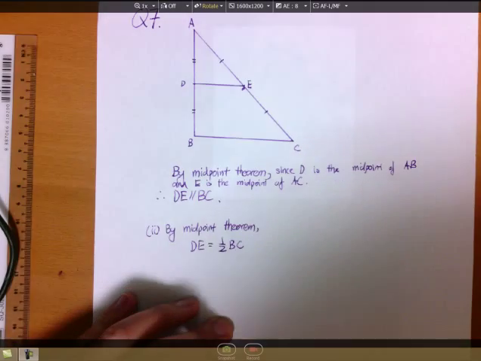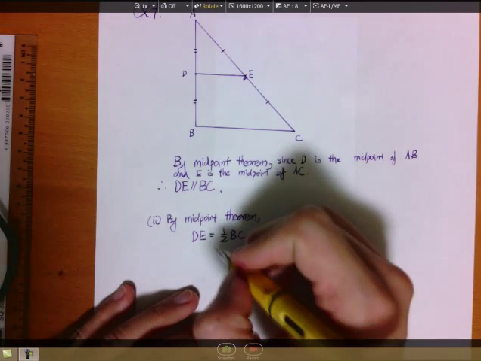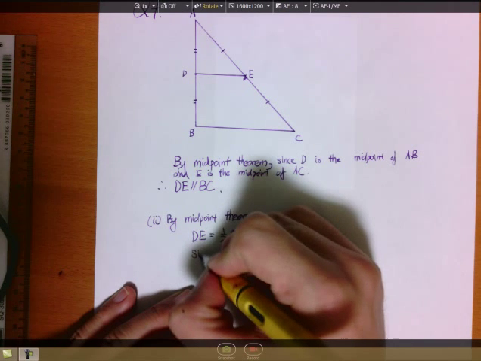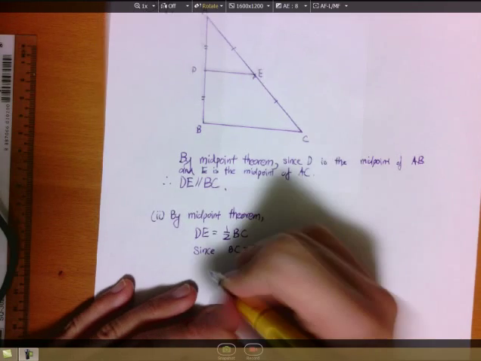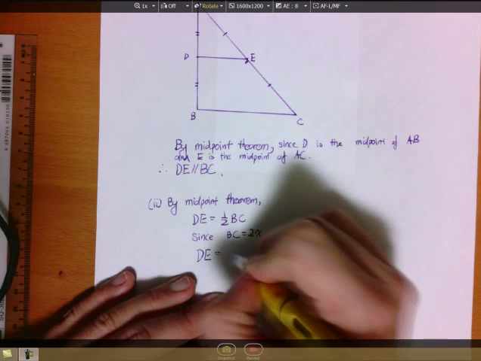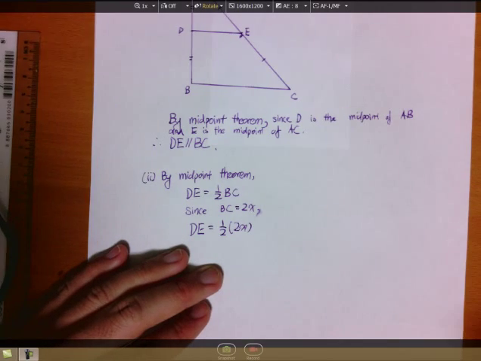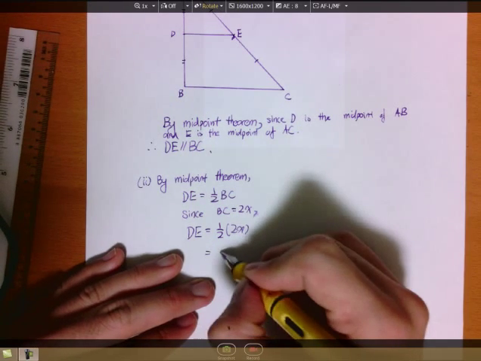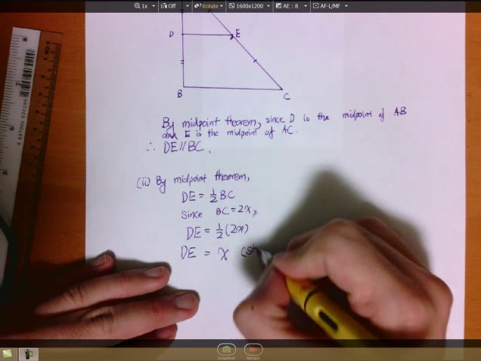I also know that BC equals 2x. So since BC is equal to 2x, DE is half of BC. Half of 2x is simply equal to x. And I've proven that DE equals x.